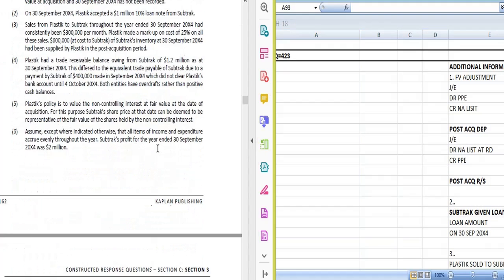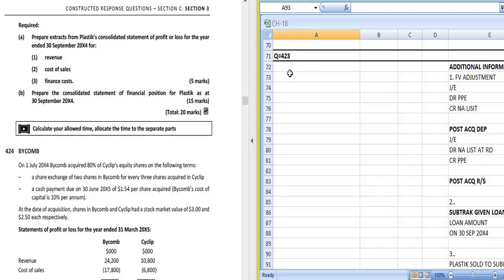The first is extracts from the consolidated statement of profit or loss for the year ended 30 September 20x4.